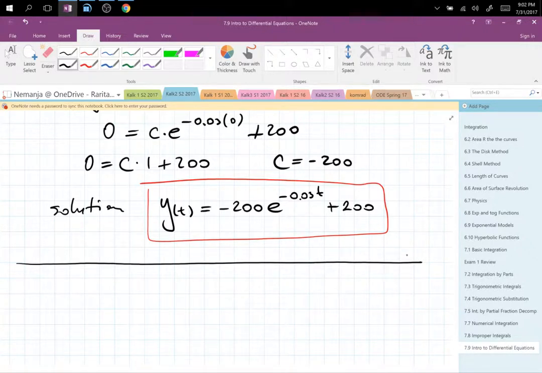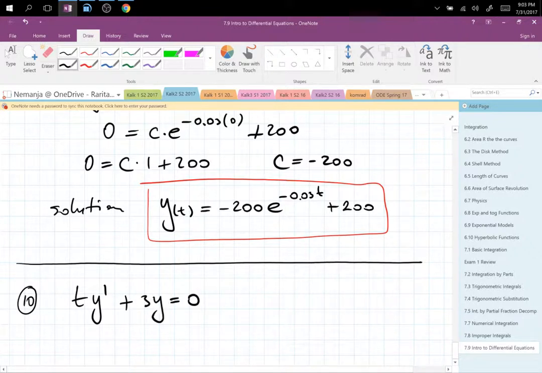So let's start with problem 10. Here is your differential equation. It says ty prime plus 3y equal to 0.